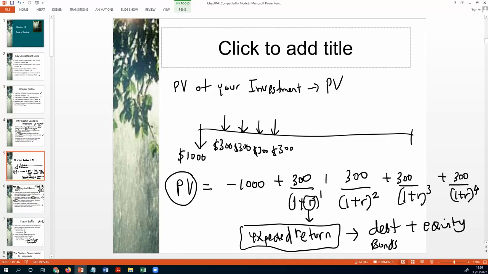Or from equity means that we release an IPO, initial public offering, to finance our project, which is here, minus $1,000. We need money from debt or from equity.